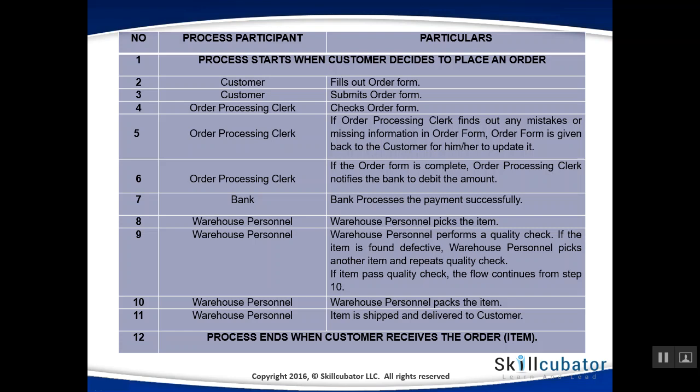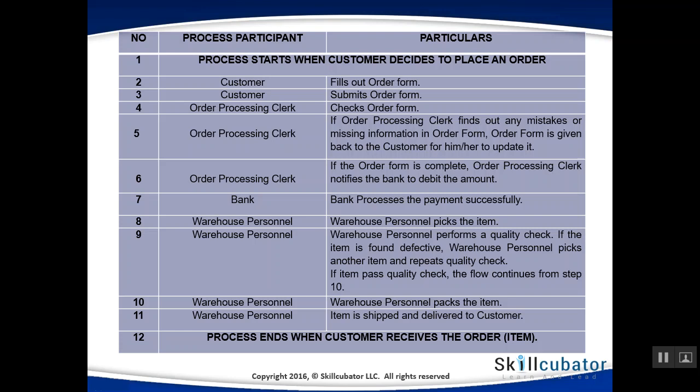But we may also have to think about what happens in the event when the payment fails, and what happens in the event when the quality check fails. These are known as exception scenarios, where things don't go as per the plan, but we may still have to think about those additional steps.